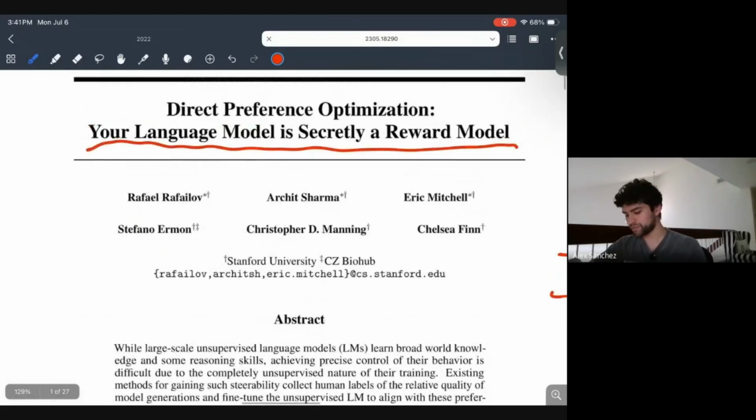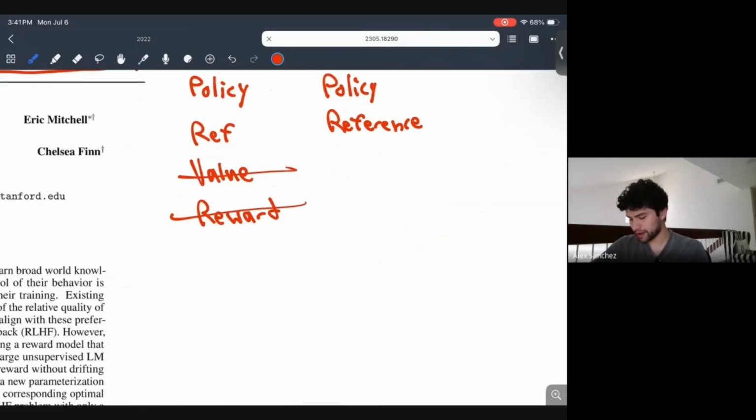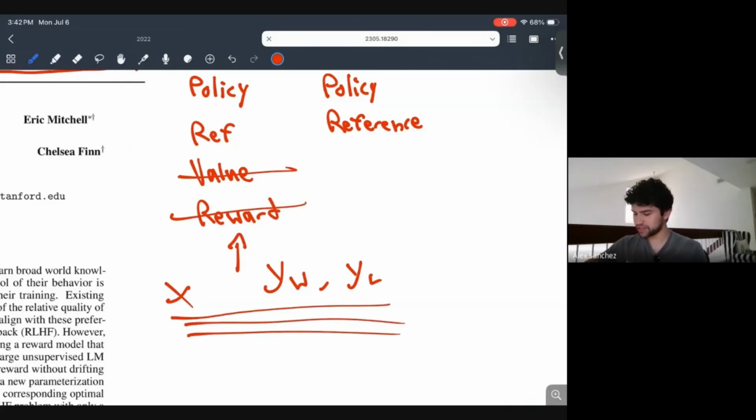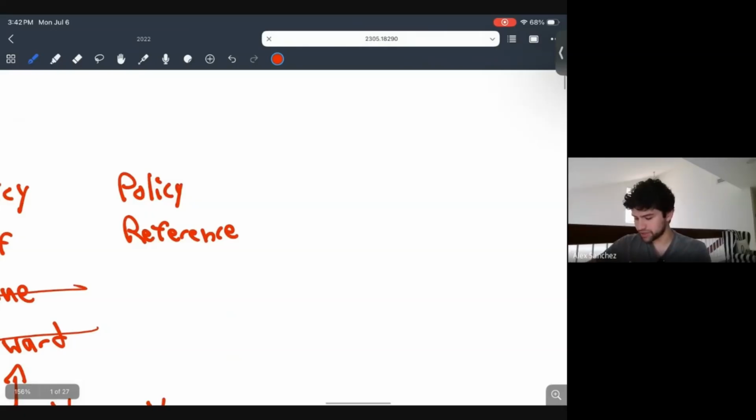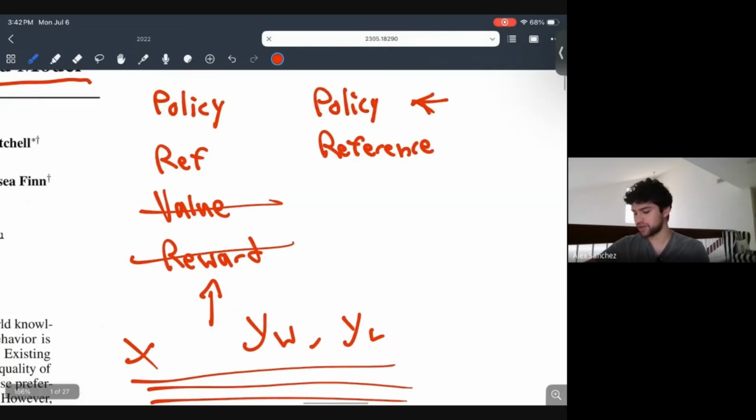And we basically find a way to set up the situation of having, if you guys remember the objective of the reward model, it's to minimize the loss function between a Y winner and a Y loser given some X. We utilize this to basically set up a classification style loss function in which the policy learns this by itself, without having to go through a whole reinforcement learning environment, without needing a reward model.